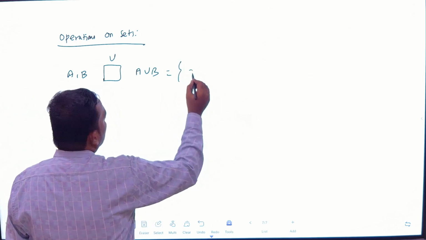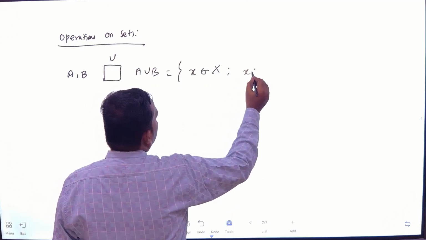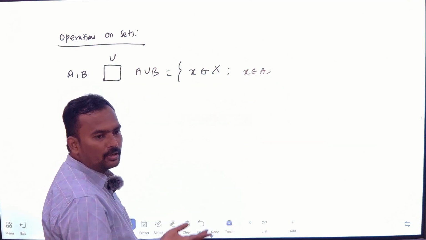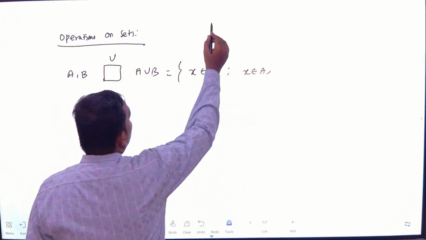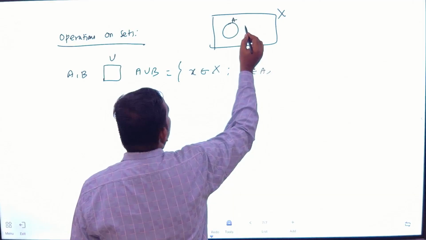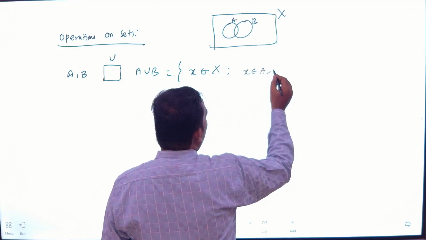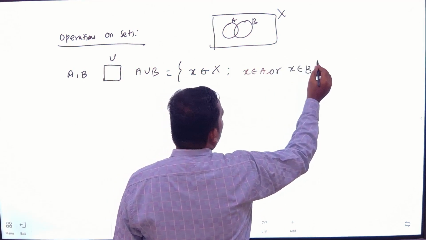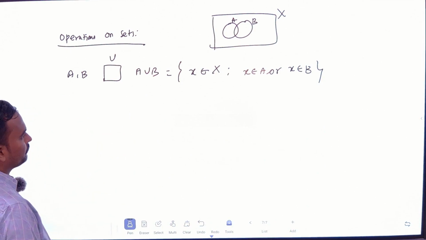How to define this? It is the collection of all elements x such that x belongs to A or x belongs to B. X is any family of sets, that means the universal set, right? So A and B are subsets; you have to remember, suppose this is the universal set X, A is this one, this is B. Just combining all the elements in A and B. Whenever you use 'or', you have to use union.